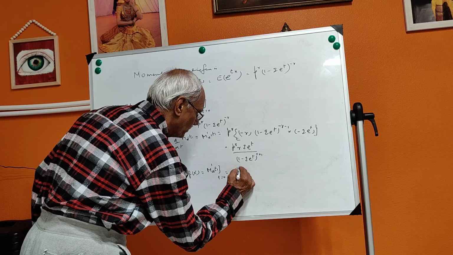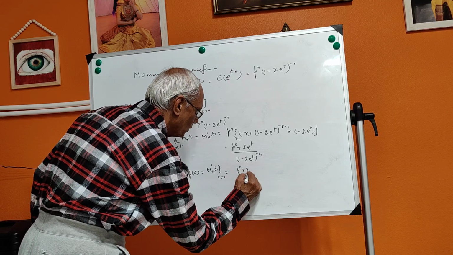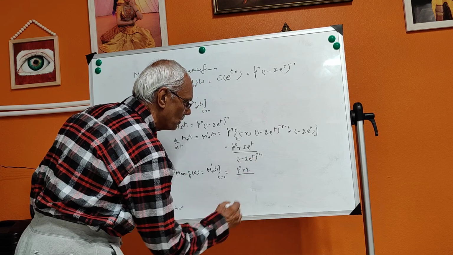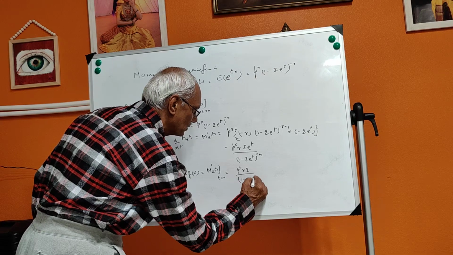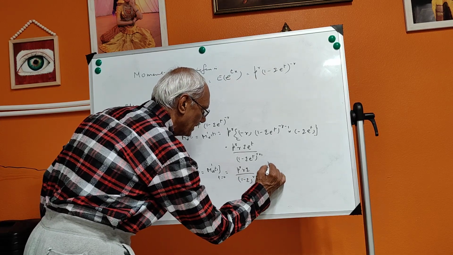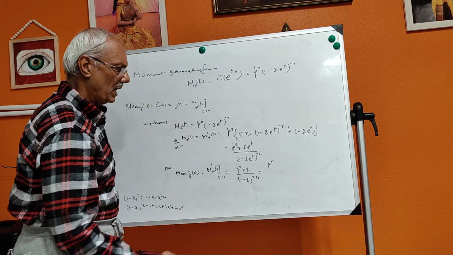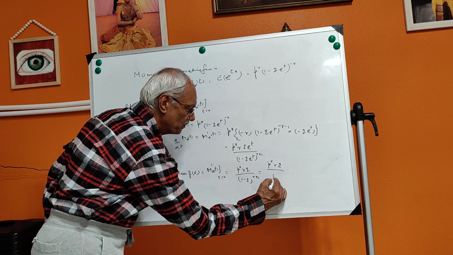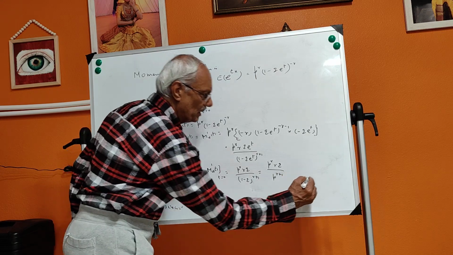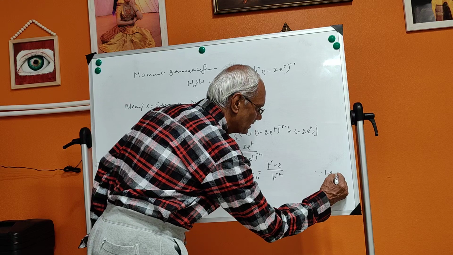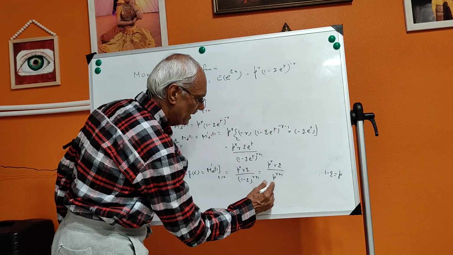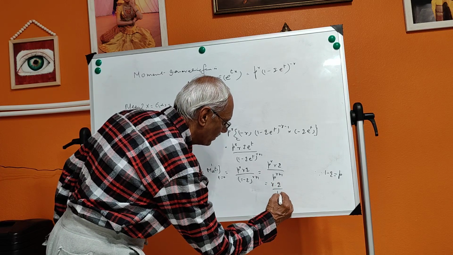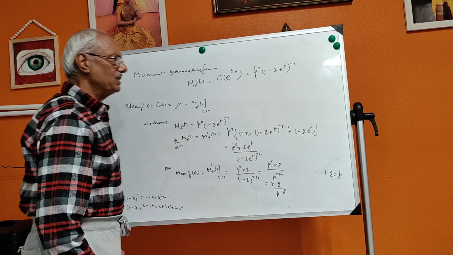So this is r p^r q divided by (1 - q)^(r+1), since 1 - q is equal to p, this is p^(r+1). So you get r q by p. So this is your mean.